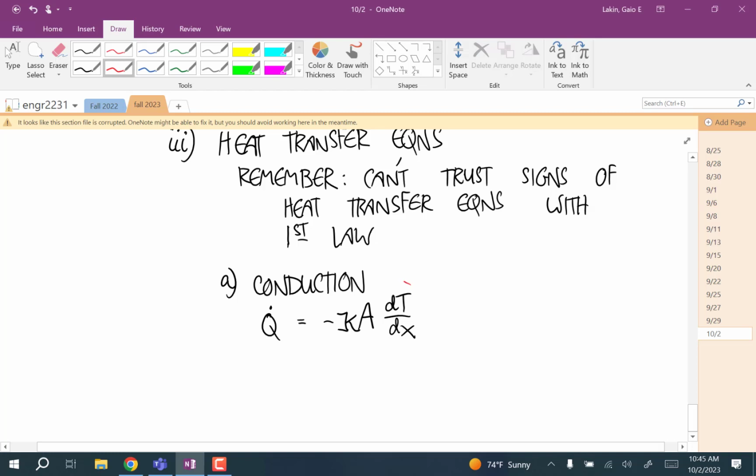For us, you're always going to be able to just replace this by the difference equation, the change in temperature over the change in thickness of whatever it's traveling through. Technically, you can only do that if you have a linear gradient of temperature through the thickness of the material, but we're always going to have that. Later on, when you have a full class in heat transfer, then you'll deal with more complicated functions.